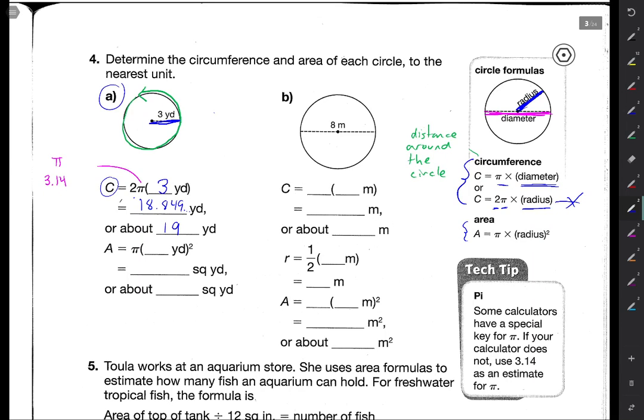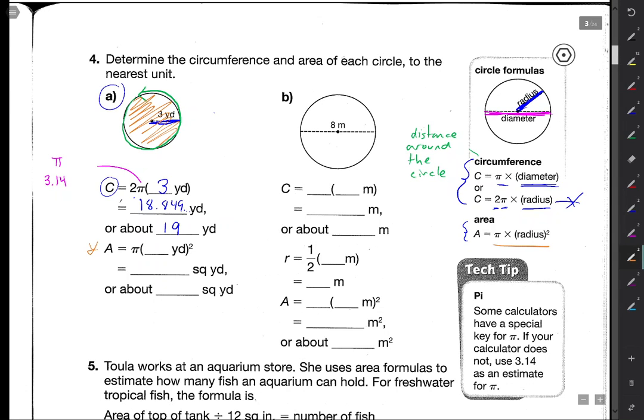Now let's look at the area. So the area is everything inside the circle here. So the formula we have for area is over here, pi times radius squared. Now keep in mind, the only thing being squared is the radius. The pi isn't going to be squared. So when I plug this into my calculator, I like squaring the radius first and then timesing it by pi.